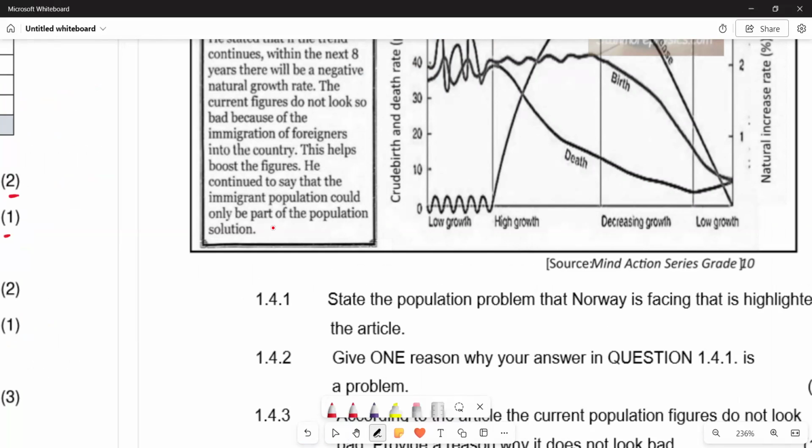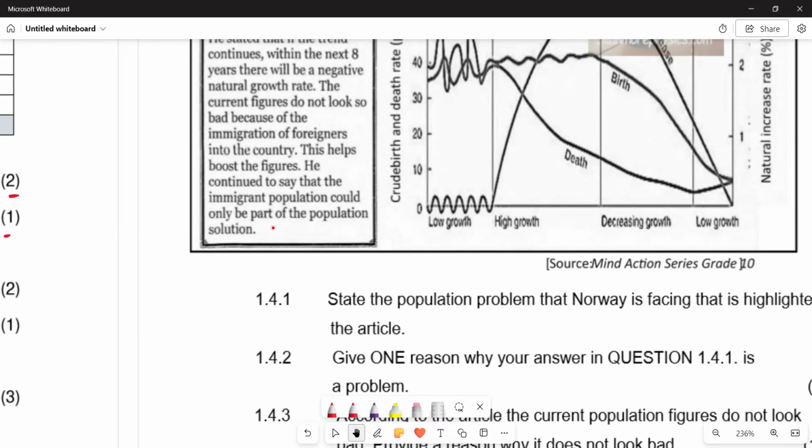So the issue of decreasing birth rate, why is it a problem in a country? Basically, if there's a decrease in birth rate, it means obviously the population is going to go down. If the population decreases, we have fewer people in the country, and it is also going to affect the economically active population. The economically active people are going to be fewer.